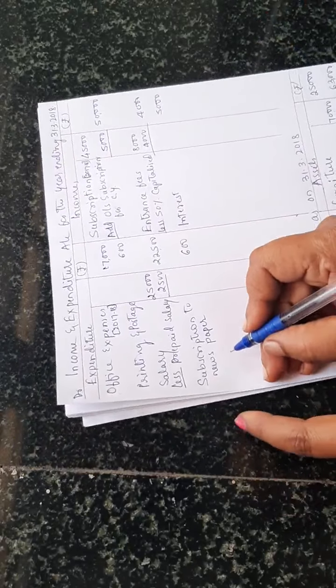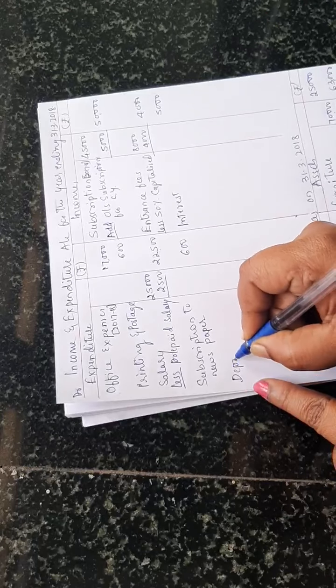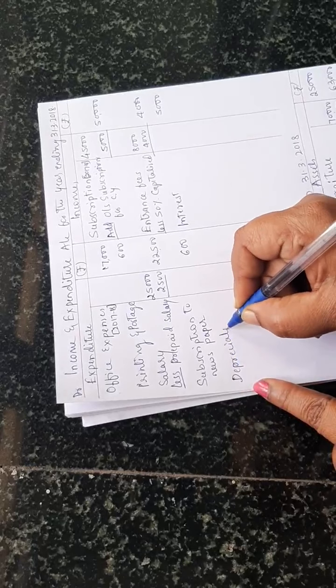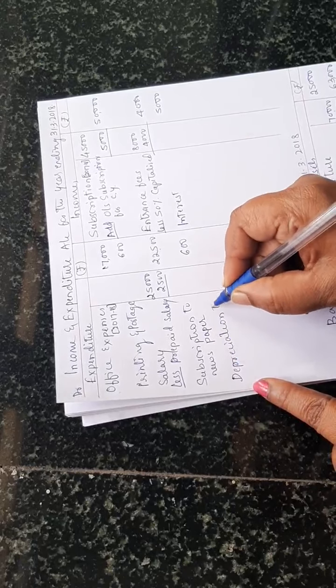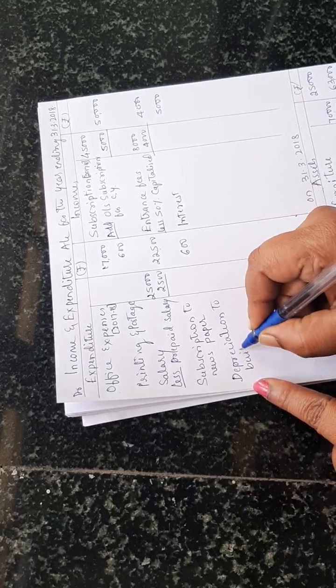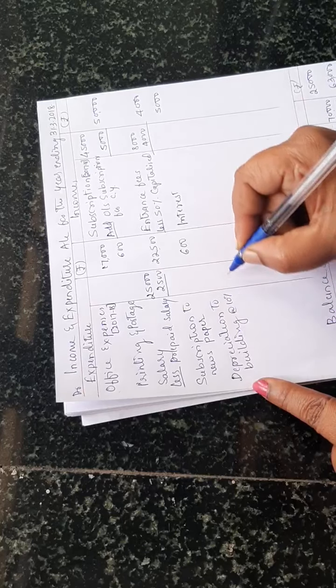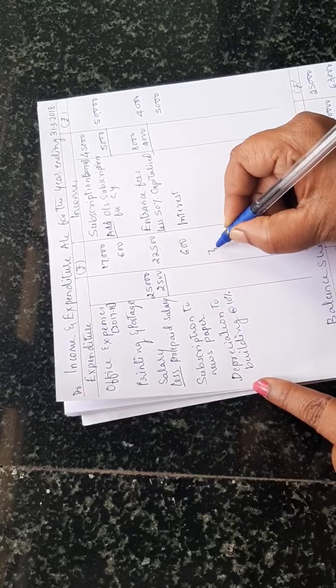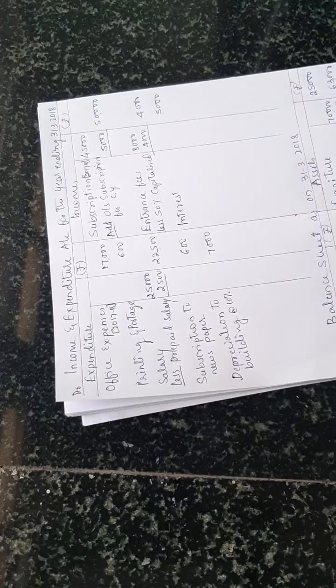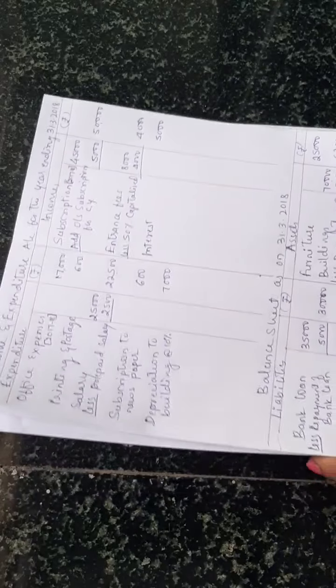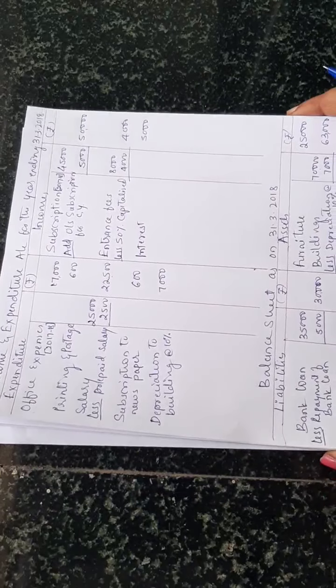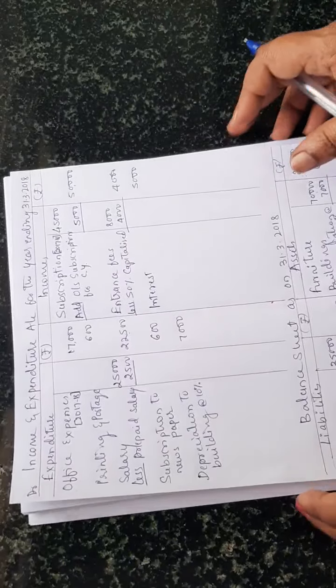Here what should come, depreciation to building at 10%, 7,000. Over. So all the 4 adjustments that they have given are also shown here.